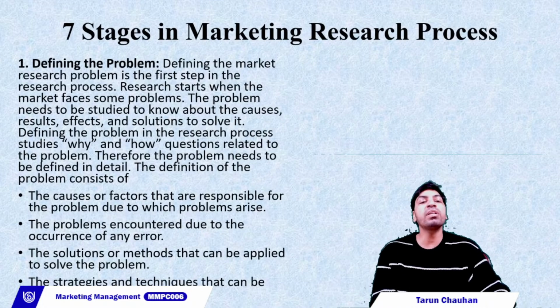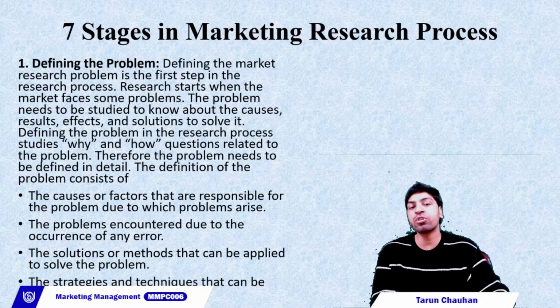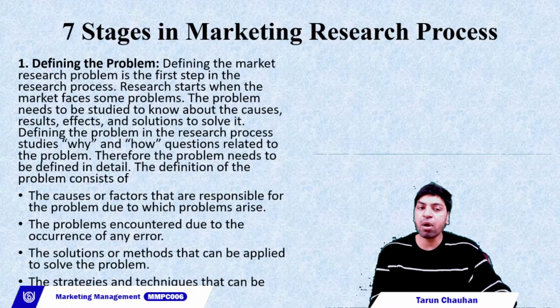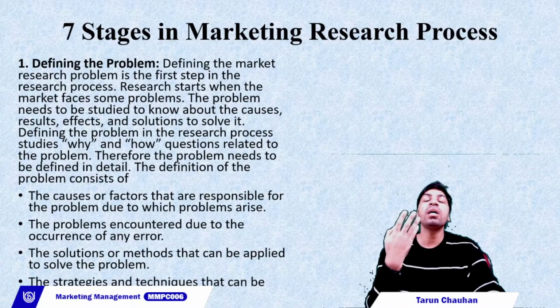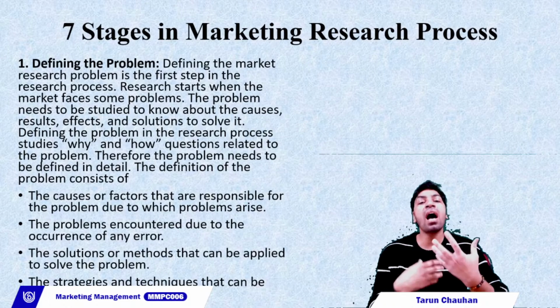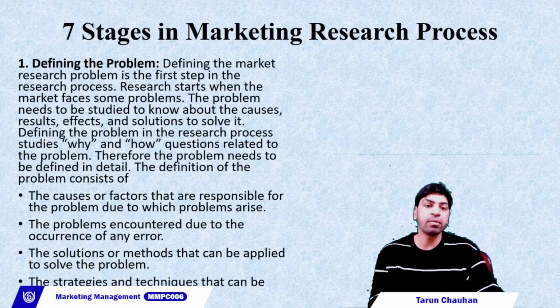The problem should be related to the causes, the results, the effects, and the solutions. If any market faces a problem, the researcher has to answer why and how related to the problem.